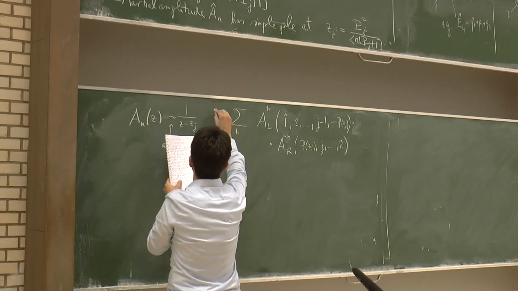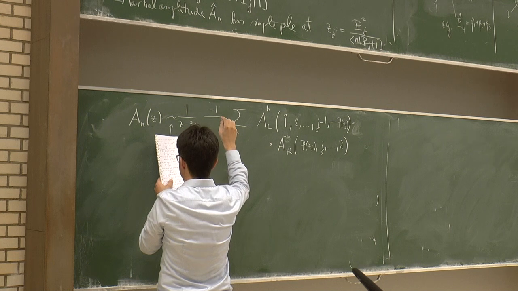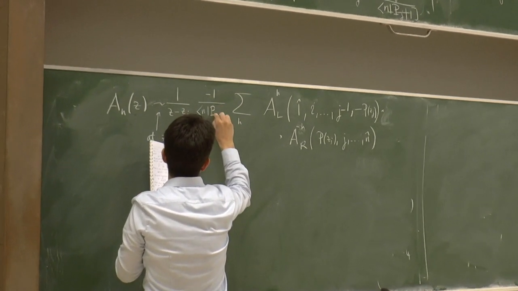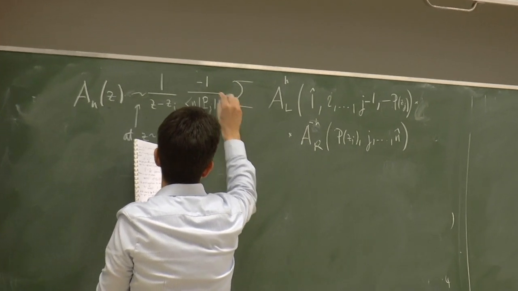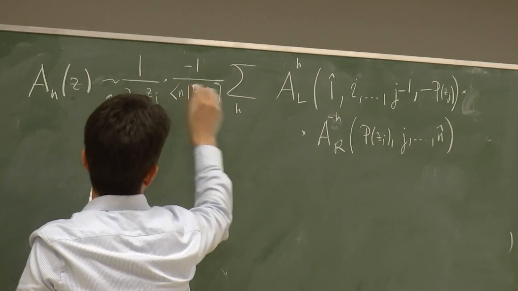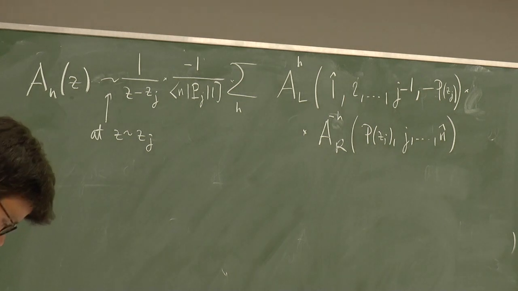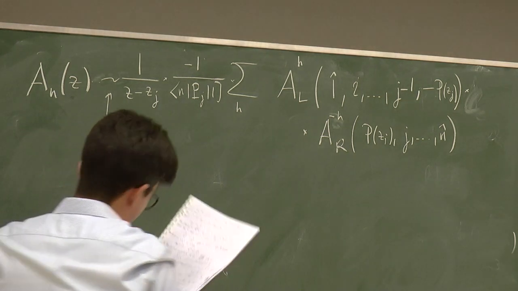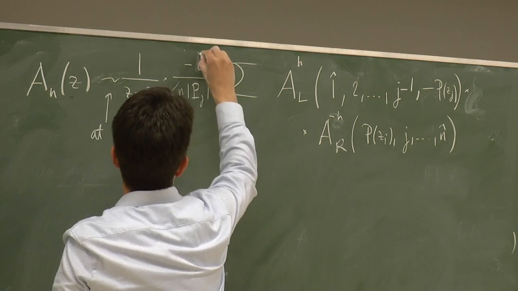And then there's a little normalization factor, which is n j1. And okay, there might be an i here.